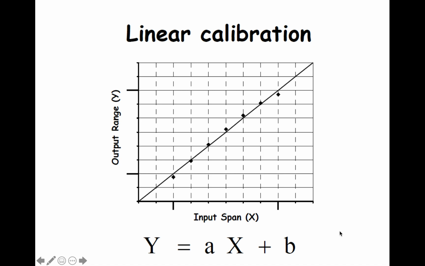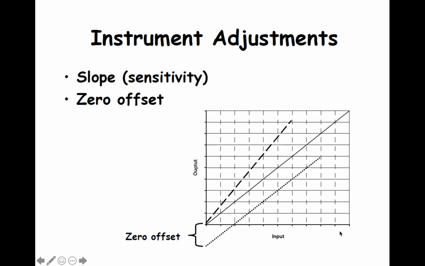Here is a graph with a linear calibration line to be found as the best fit for dataset X and Y, where X is the input span and Y is the output range. This is similar to the sensitivity graph. The equation of the best fit line is given by Y equals A times X plus B. Many electric instruments use a linear relation between the sensed input and output.